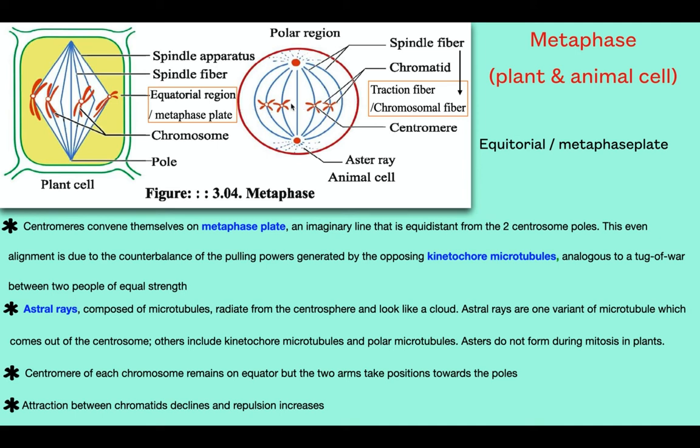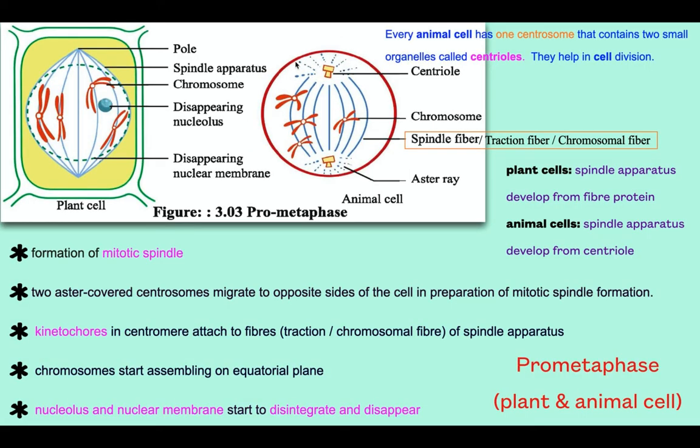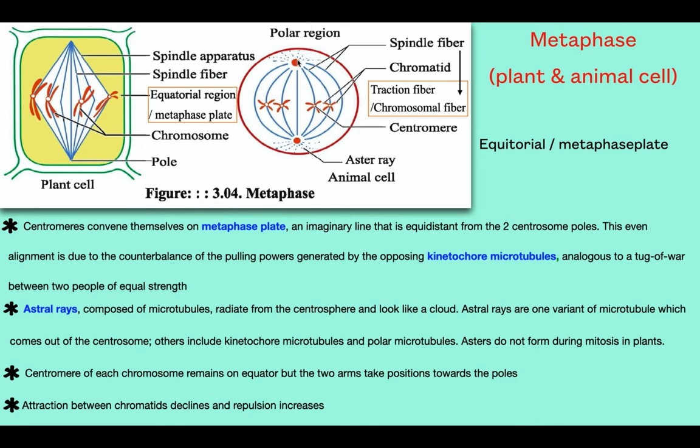So they are here equally distant. The distance between the polar regions, where in our previous picture we have seen the centriole, from both the centrioles the distance is equal. How? Because they are pulling and pushing, the total force is the same. That's why they are in the middle.